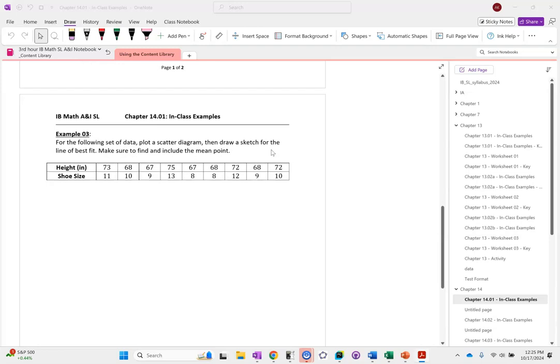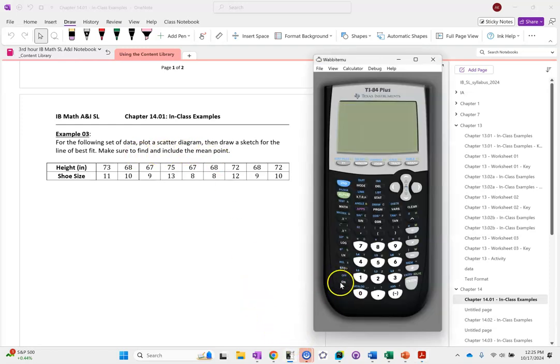All right, for the following set of data, plot a scatter diagram and draw a sketch of the best fit line. Make sure you find and include the mean point. I'm just going to do this on my calculator real quick. So here's the data set. I just typed this into my calculator. Everybody's okay with that? I also calculated the mean and put that in as a separate set.